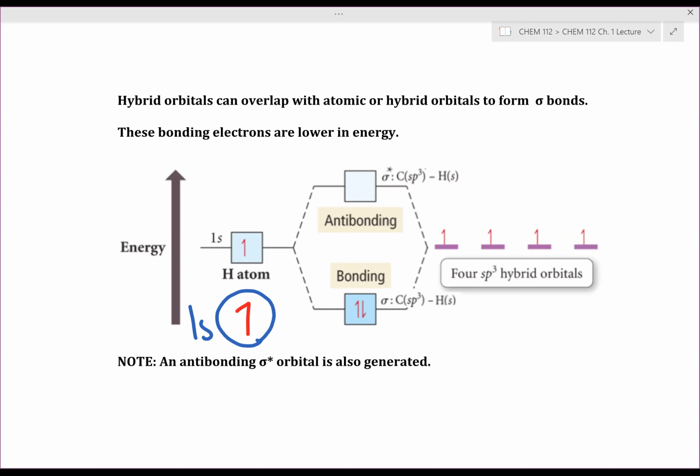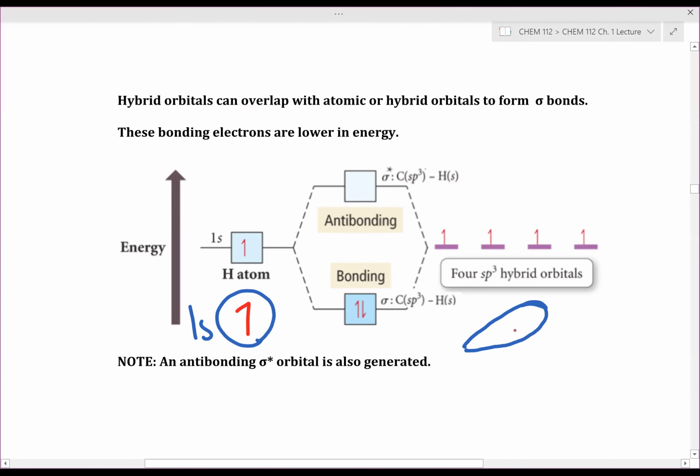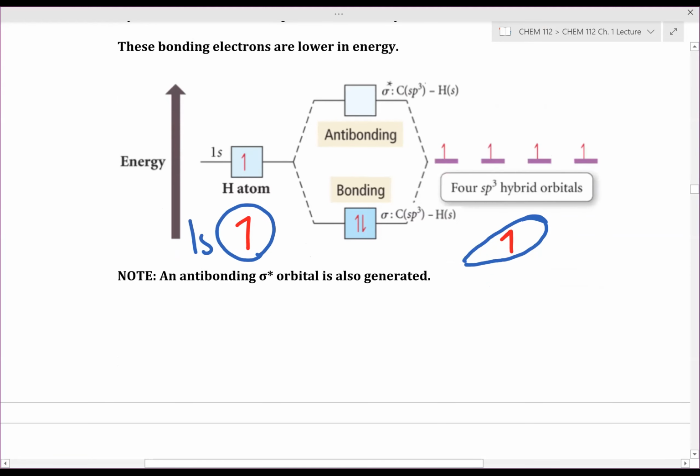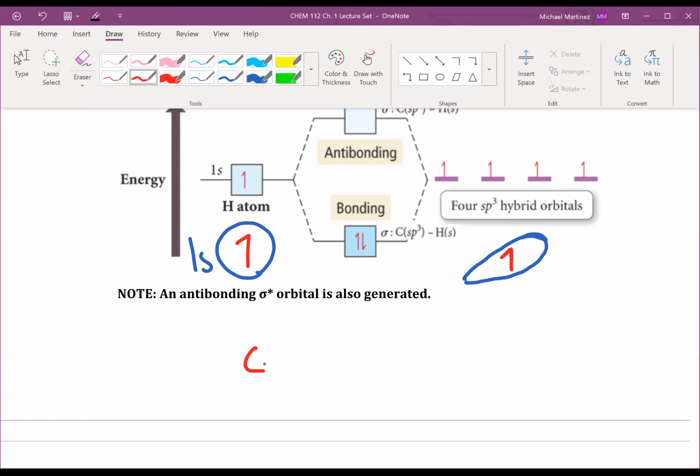Let's draw a picture of the sp3 orbital. It's going to be a long orbital with directionality, and that orbital has 1 electron to its name. Now, to showcase this orbital overlap, let's draw out a picture down below. So suppose we have our carbon atom.